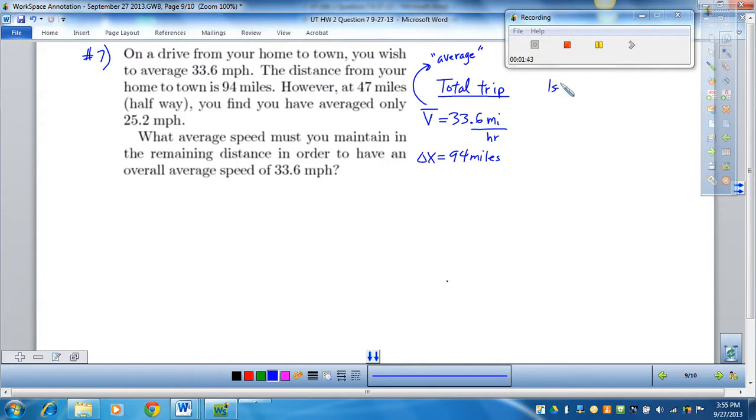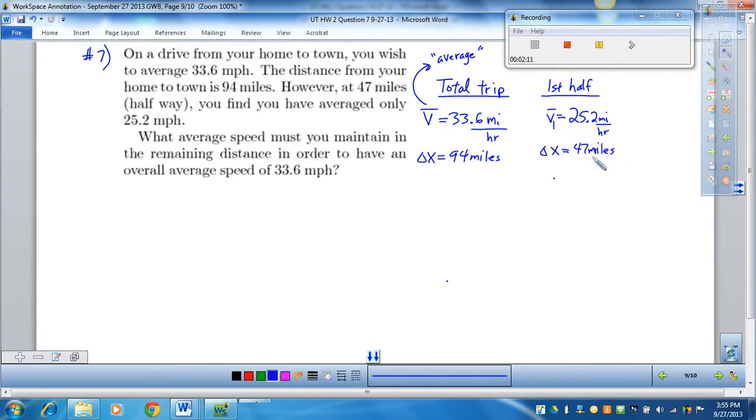On the first half of my trip, my average velocity, v1, is only 25.2 miles per hour, and delta x for that part, since it's halfway, is 47 miles.